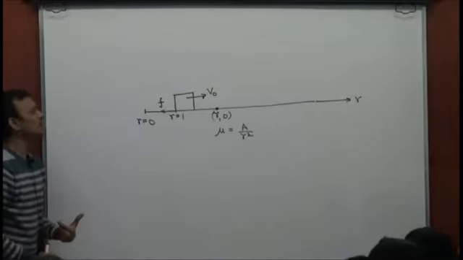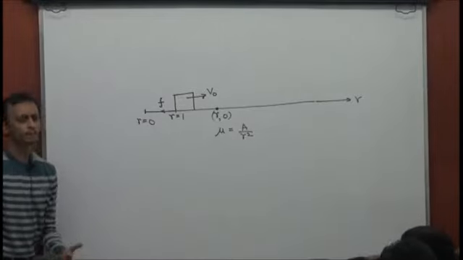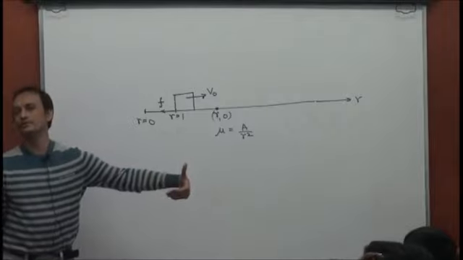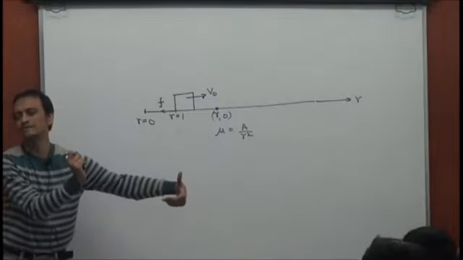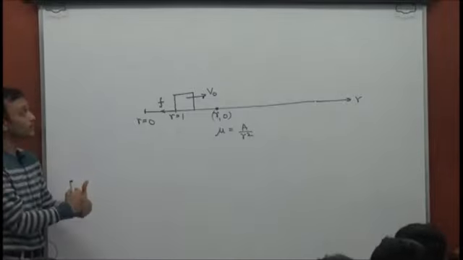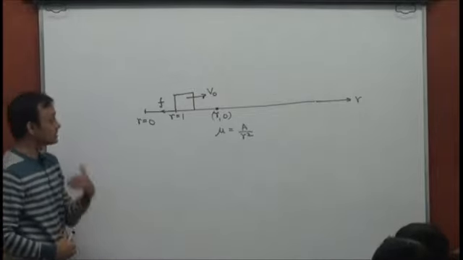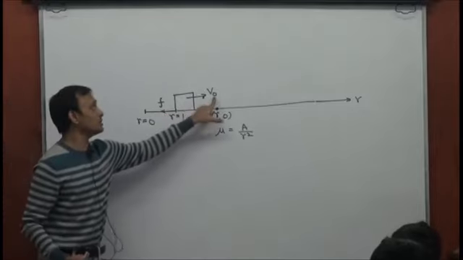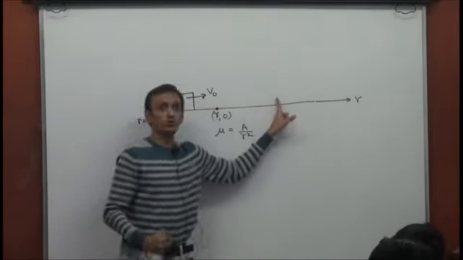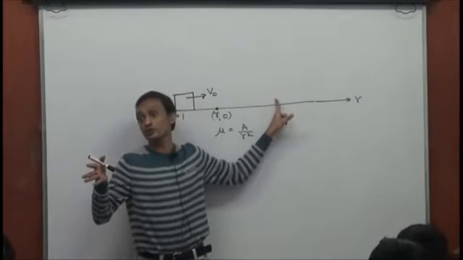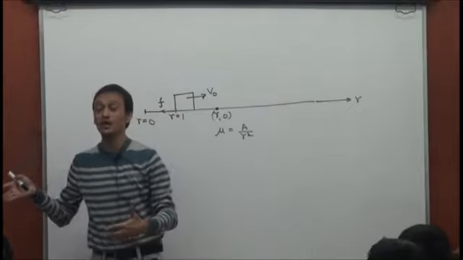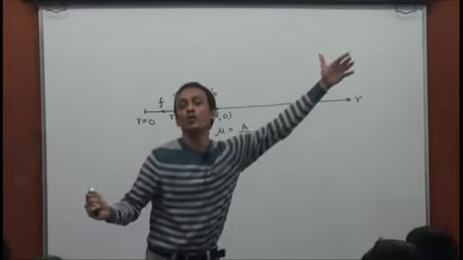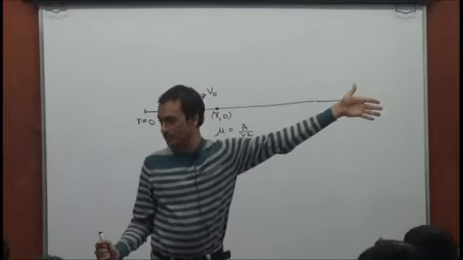Now when they say that it never stops, what it really means is that it goes all the way to infinity. Such is the velocity that you must impart. If you don't impart enough velocity, then friction would retard it so that it stops only at a finite distance. Then you want to impart a certain velocity v naught so that it traverses all the way to eternity, right?